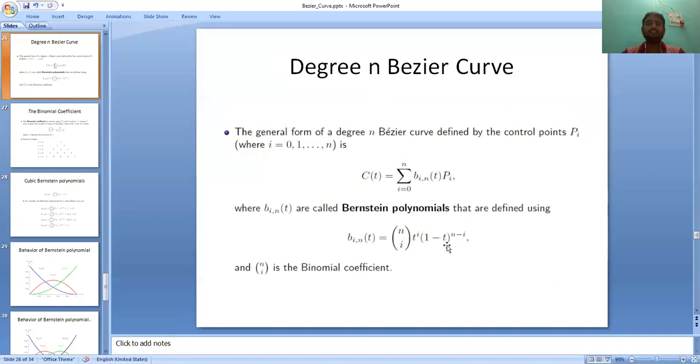This is the compact form of the previous equations we gave for the quadratic and cubic Bezier curves. This is the generalized form, where n choose i is the binomial coefficient.